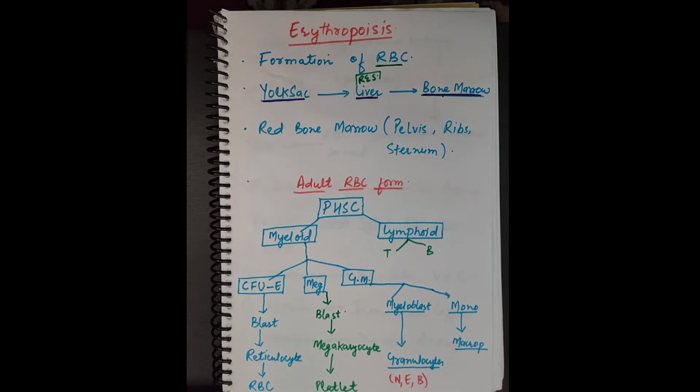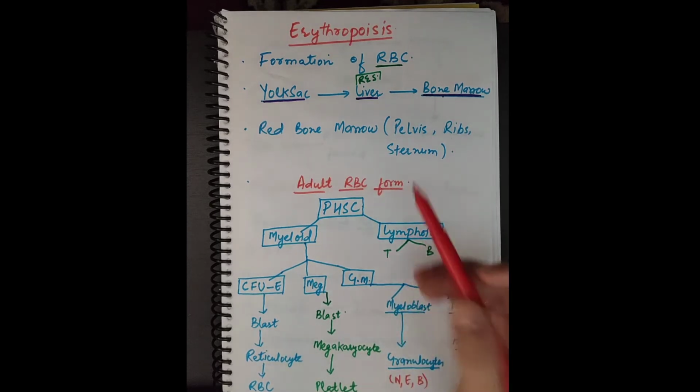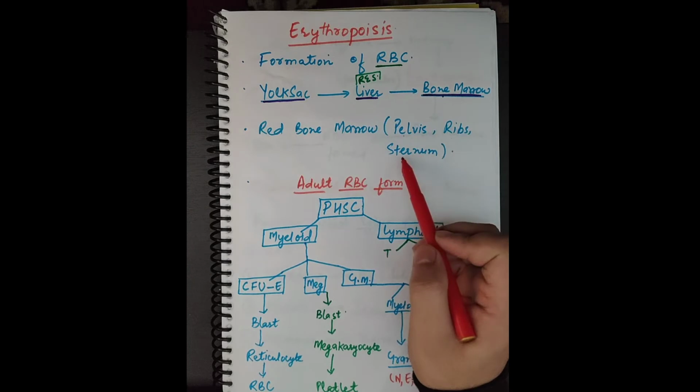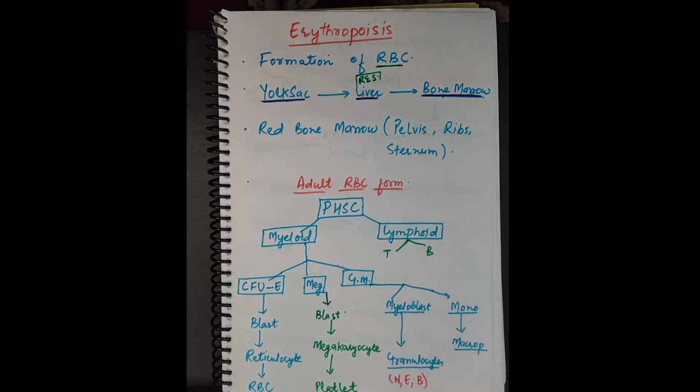So bone marrow possesses stem cells which are able to form all the cells of the blood including our RBCs. This red bone marrow is located in our flat bones like the pelvis, ribs, sternum, and the ends of the long bones. These are the places where our RBCs are formed.